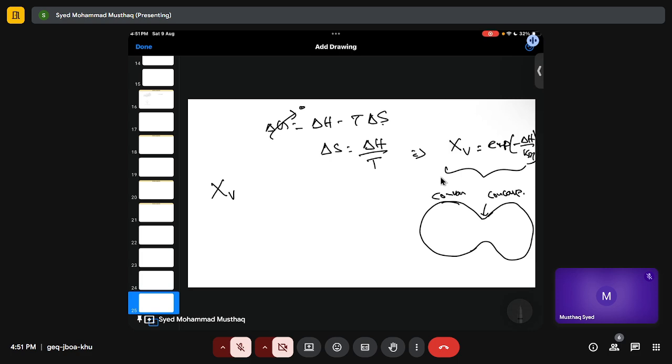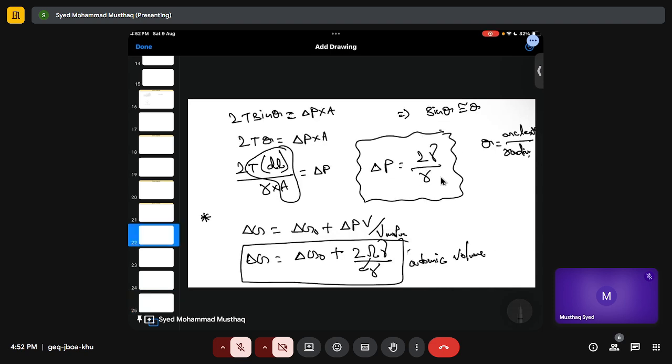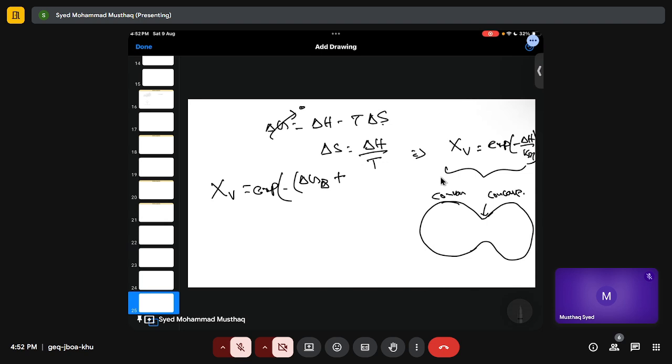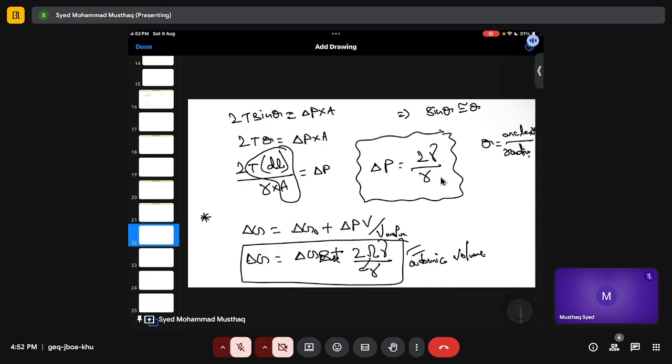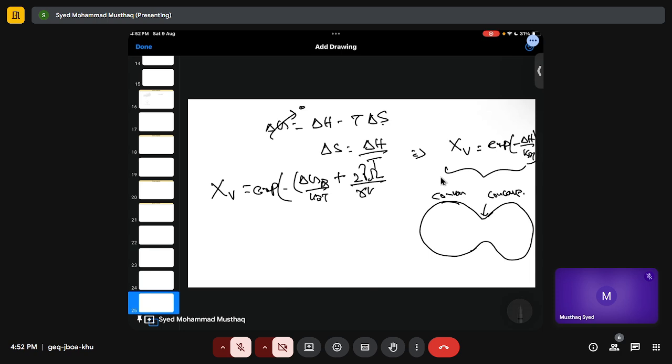Right? Now what is the mole fraction of vacancies at both the positions? So xv will be equal to exponential minus delta g naught, which is about the bulk, plus 2 delta gamma omega upon r kBT.